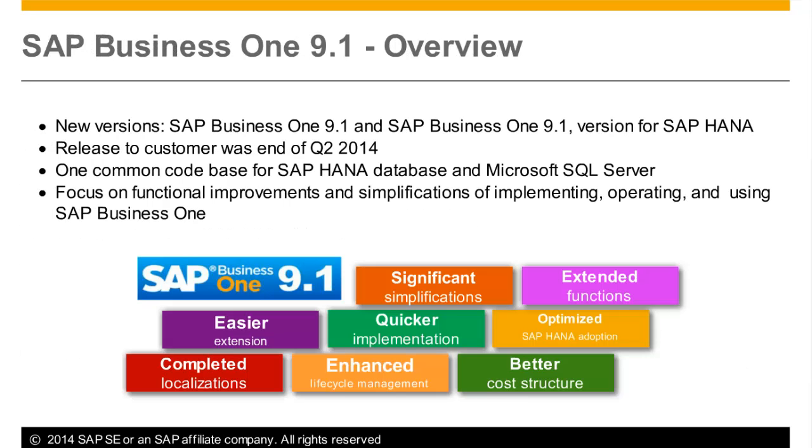Release 9.1 is a successor release of Release 9.0 and is available in two versions: SAP Business One 9.1, which runs on Microsoft SQL, and SAP Business One 9.1 version for SAP HANA. The development focus behind Release 9.1 was, beside functional enrichment, the simplification of usage, implementation, and operation of SAP Business One.